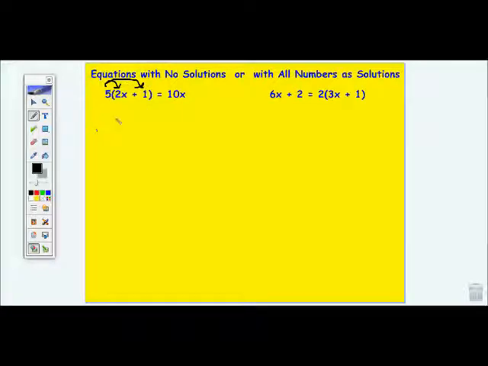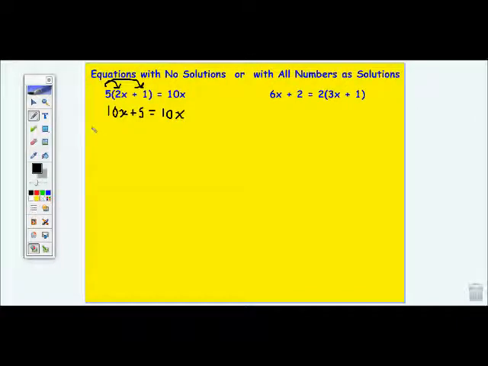So 5 times 2x is going to be 10x plus 5 times 1 is going to be 5. And copying that to the right side equals 10x.